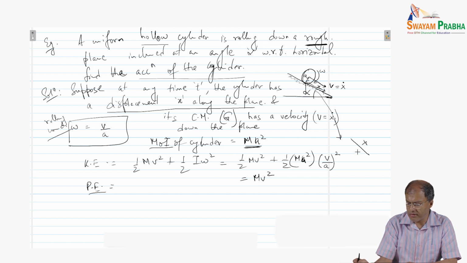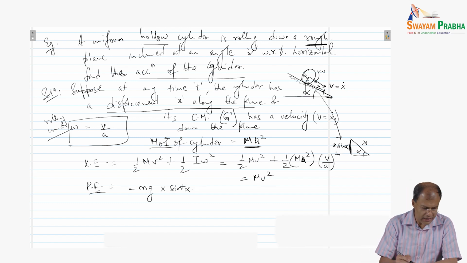So if this is x, the vertical distance that the wheel moves is x sine alpha, and hence the potential energy is going to be mg x sine alpha with a minus sign because the distance is going down. So the vertical distance is downward. Okay, so we have this setup, and now we can write the total energy.